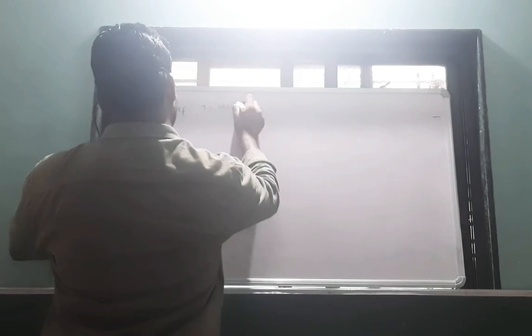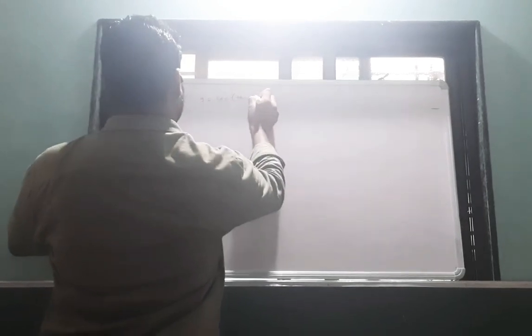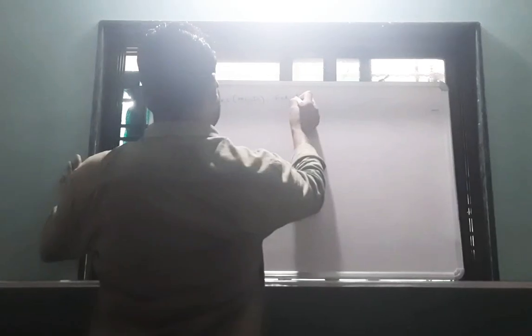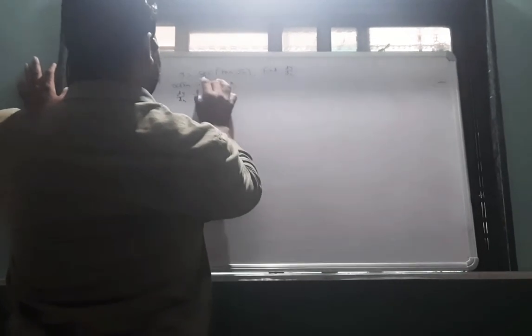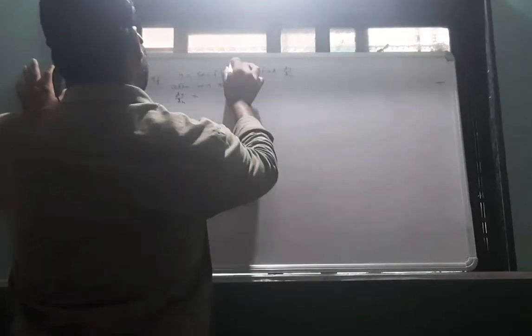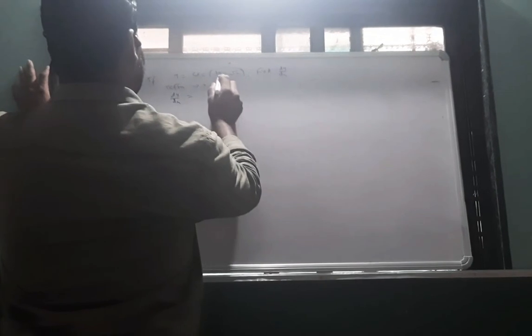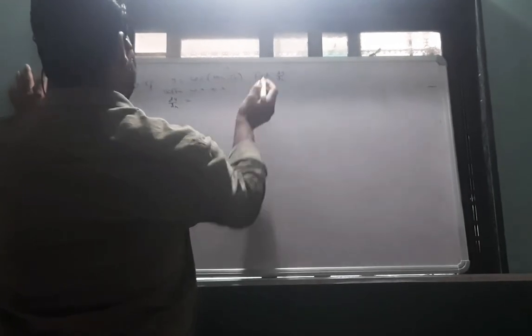Example number 6. Sec of tan root x, then dy by dx is: if y is sec u, then the derivative of sec u, I take u. Then find the derivative of tan root x. This is a composition of functions.